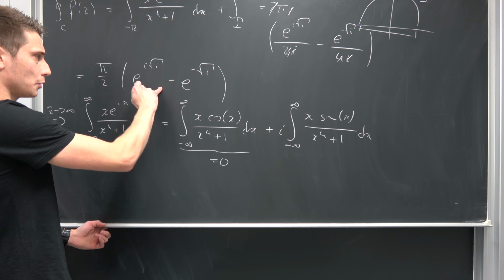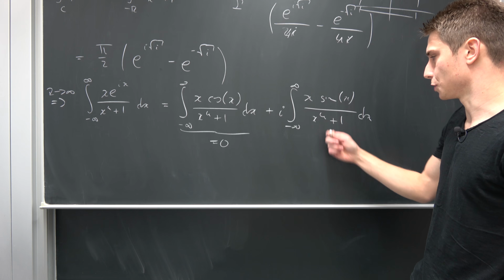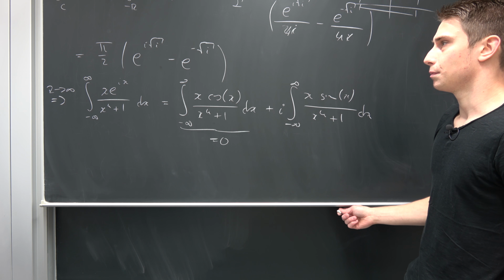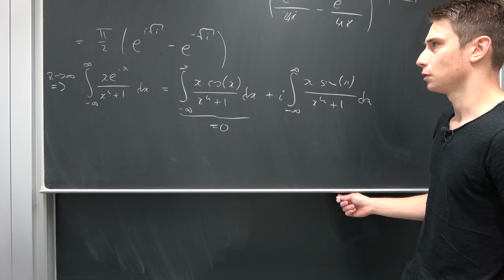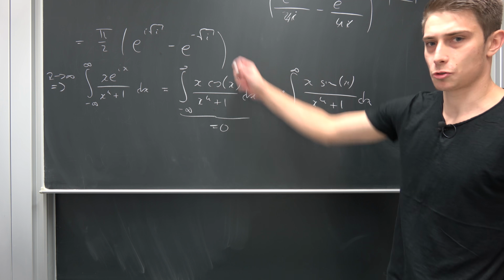Meaning this one right here must be i times something in order for this to be a value of this integral. Let's see what this is going to evaluate to.